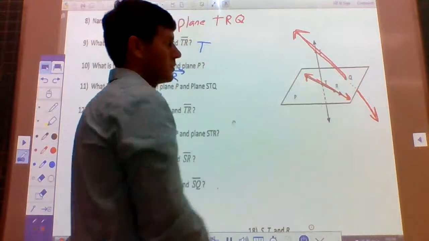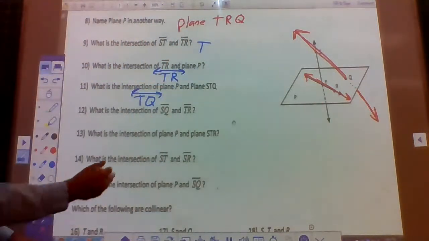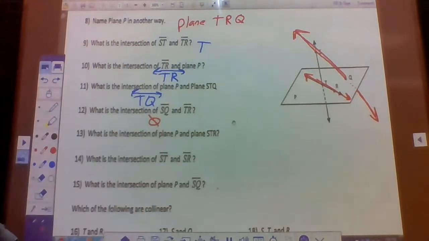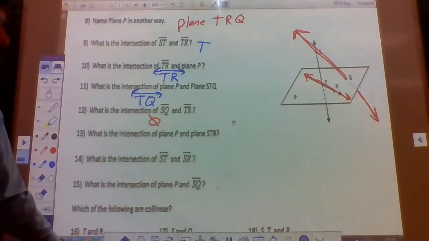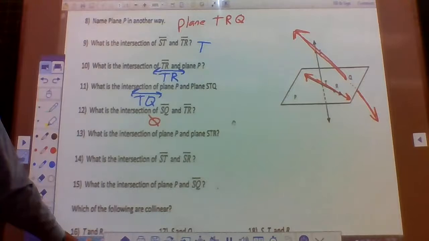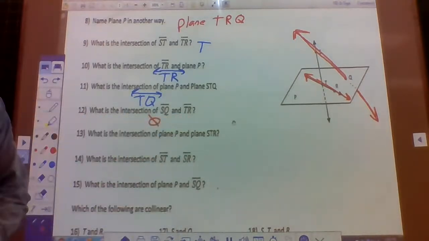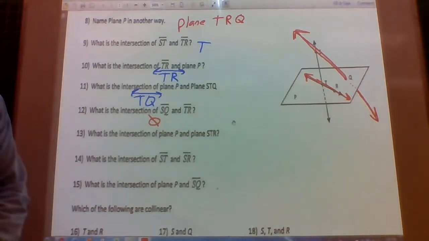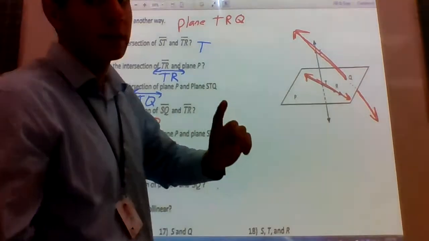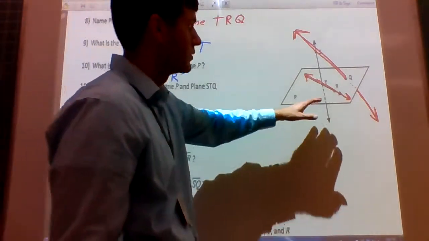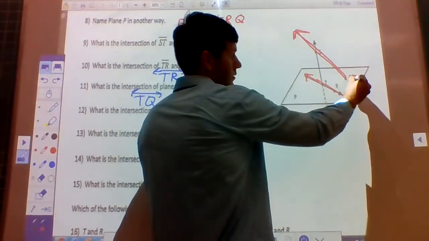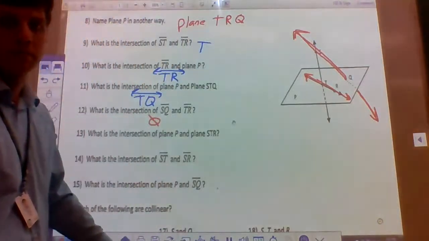Are these lines ever going to intersect? No. So there's no solution here. There's no intersection. Line SQ and line TR don't intersect. Two lines, if they intersect, intersect at a point, but they don't necessarily intersect. These ones don't intersect.